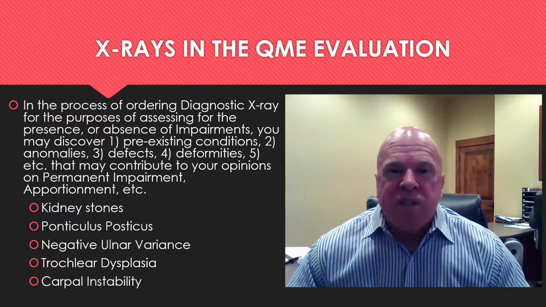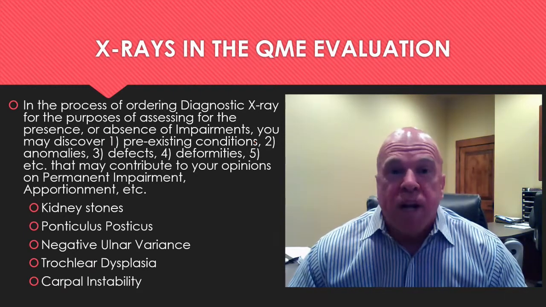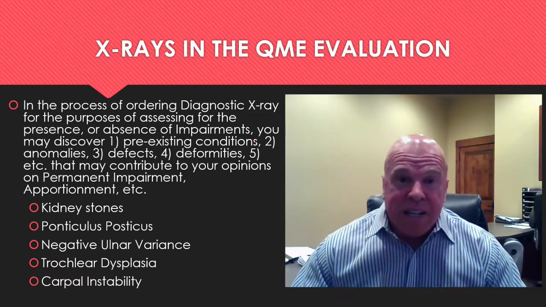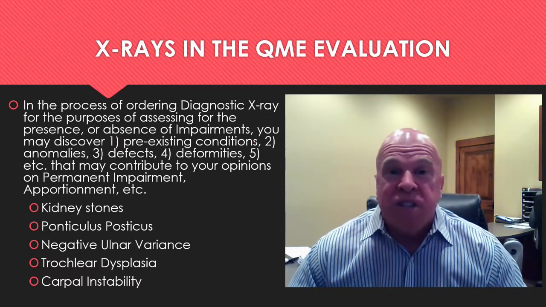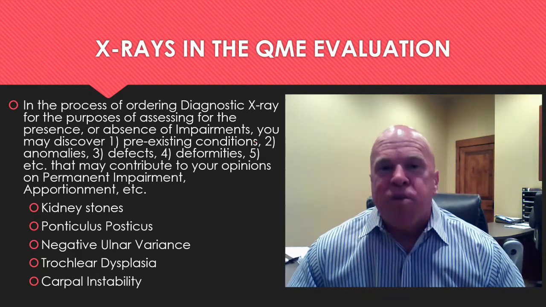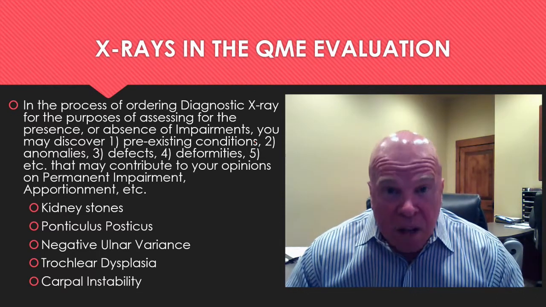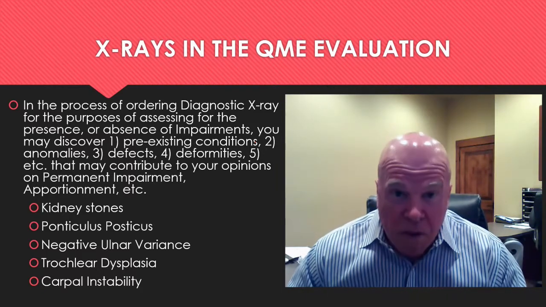A spinal facet syndrome or a sacroiliac syndrome or a lumbosacral sprain strain are not described anywhere in Chapter 15 of the AMA guides. There's no impairment related to facet syndrome. So we don't need to do facet syndrome testing in the permanent impairment evaluation. The two evaluations that we do are different.